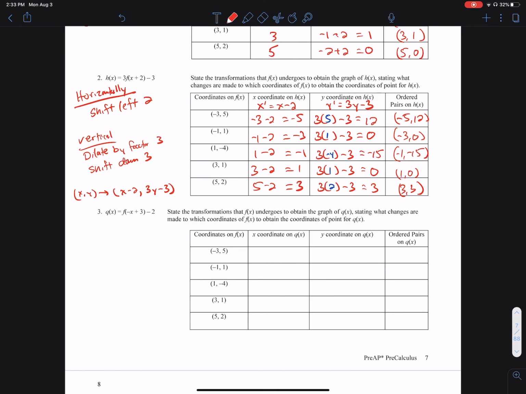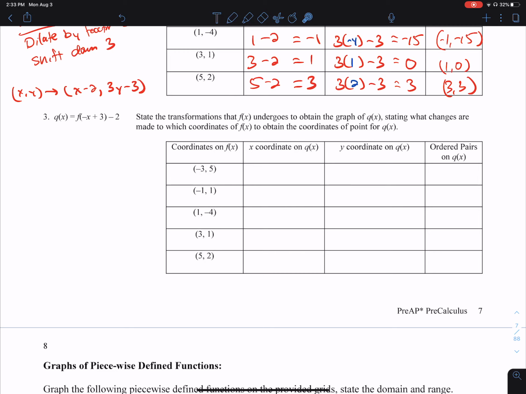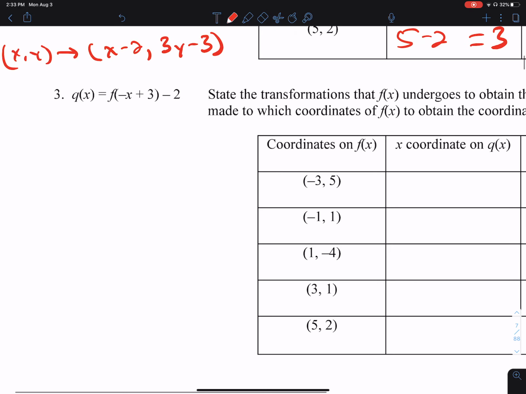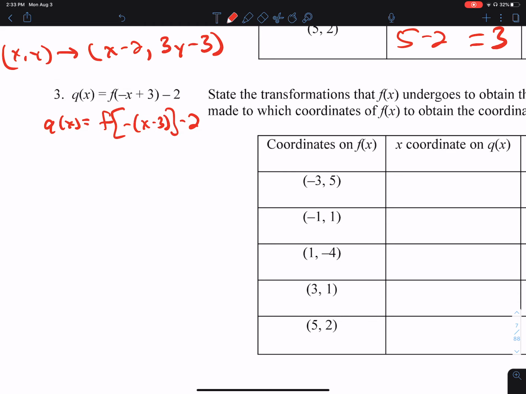Last one. We want the coefficient of x to be positive 1 every time. Let's rewrite this as q of x equals f of negative times the difference of x and 3, minus 2. Let's write down what's going to happen horizontally and vertically.